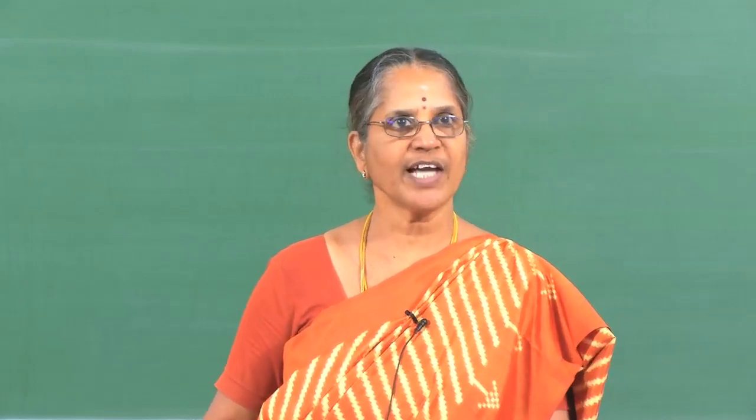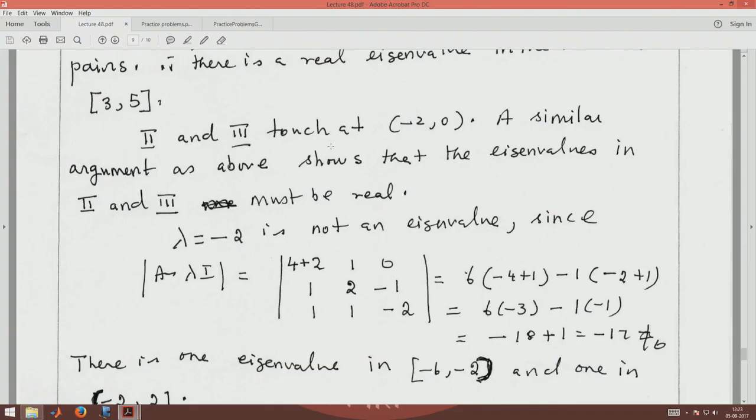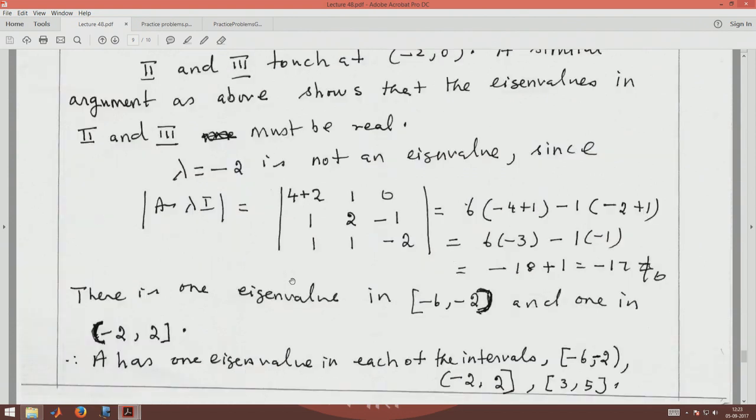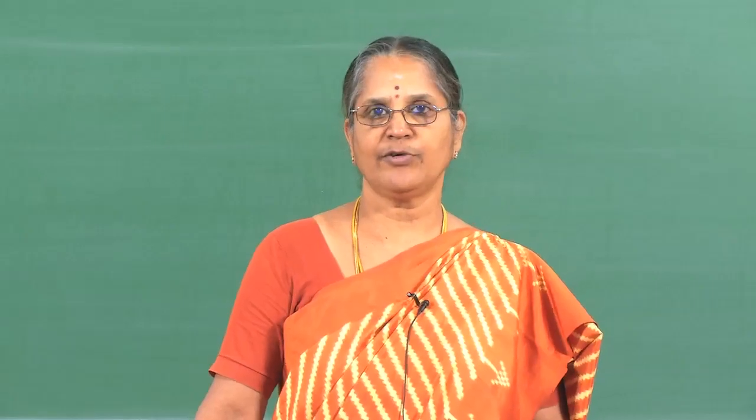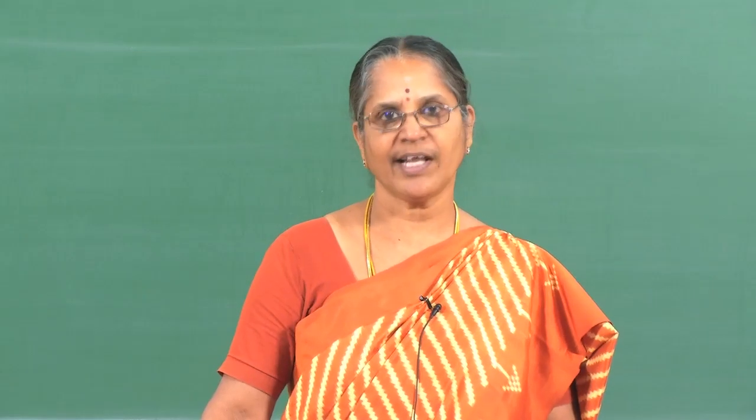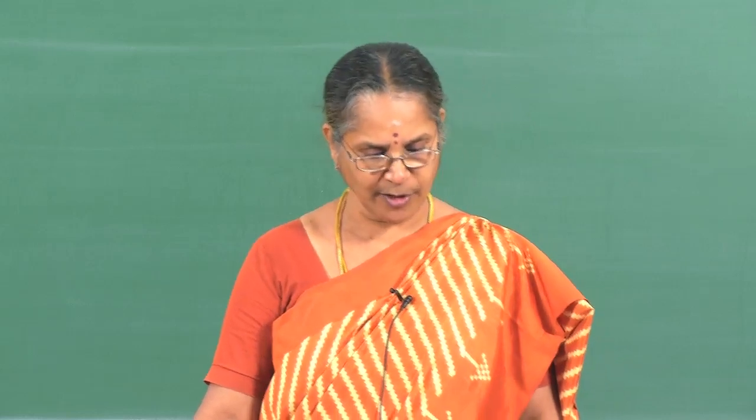So, let us compute the determinant of A - λI, taking λ to be -2. If you write out the determinant and expand, it turns out to be -17, which is different from 0, and therefore, the characteristic polynomial does not have λ = -2 as its root, and therefore, λ = -2 is not an eigenvalue of the matrix A, is what we conclude.